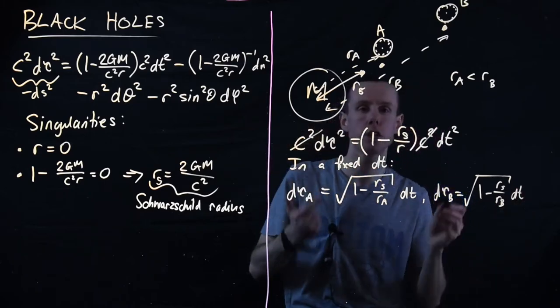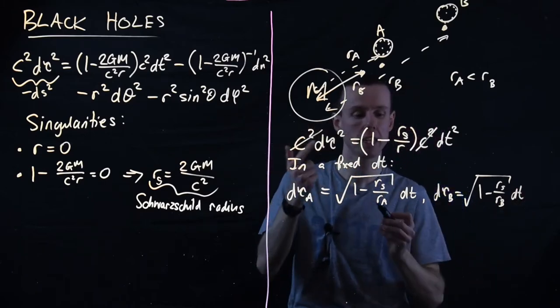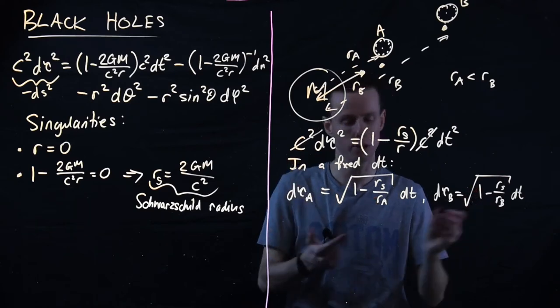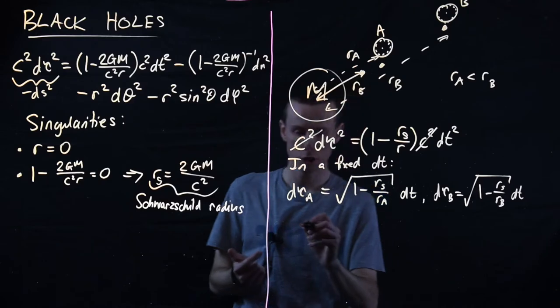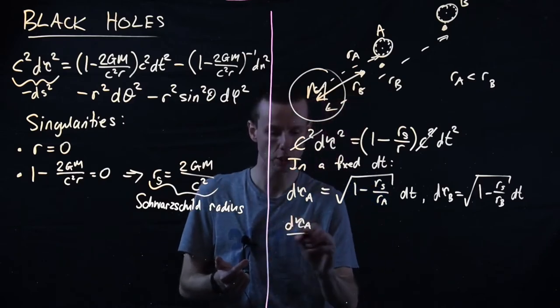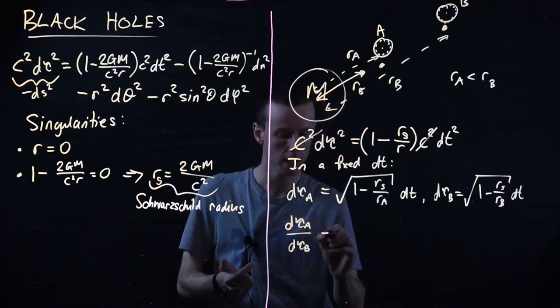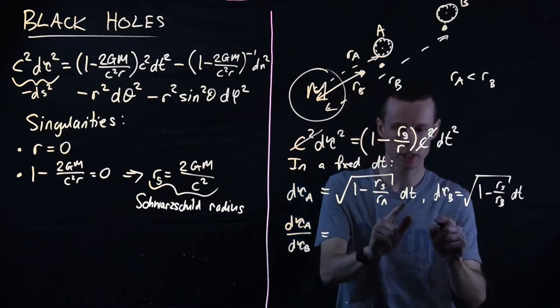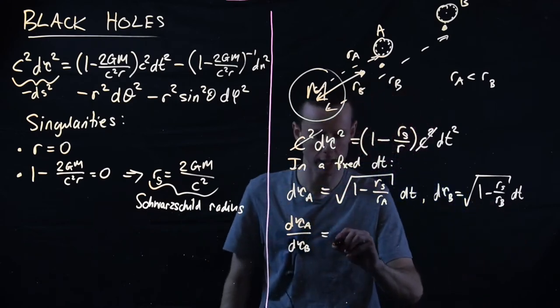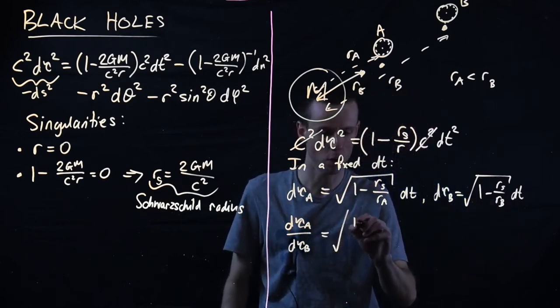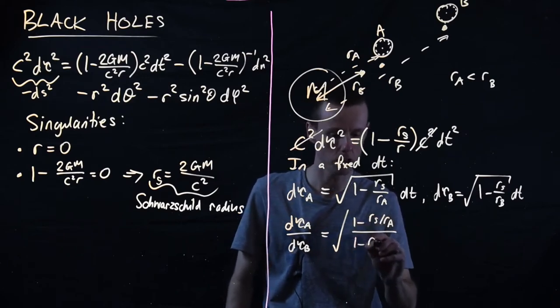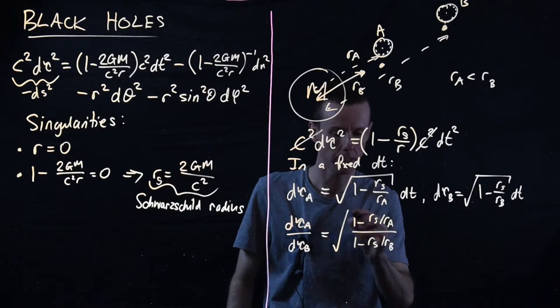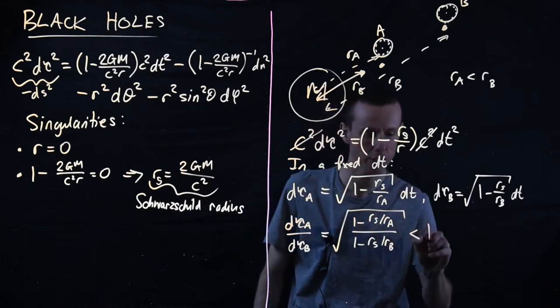And now let's take the ratio of those two to see if one's bigger than the other. Obviously they're not going to be the same because RA and RB aren't the same. So let's take the ratio, d tau A over d tau B. dt will cancel dt, and you'll just have the square root of 1 minus rs over RA divided by 1 minus rs over RB. And this, in fact, is less than 1.